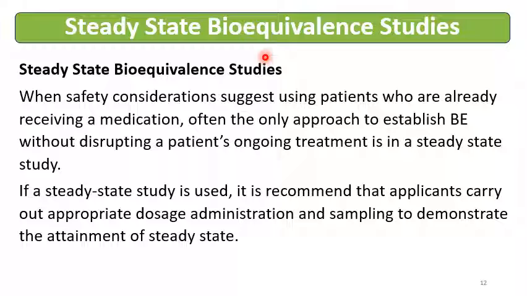And anti-cancer medications are cytotoxic in nature. Some of the formulations and APIs are cytotoxic, and to study those cytotoxic molecules, patients who are already receiving the treatment are required. In that case, the steady state bioequivalence is considered necessary.